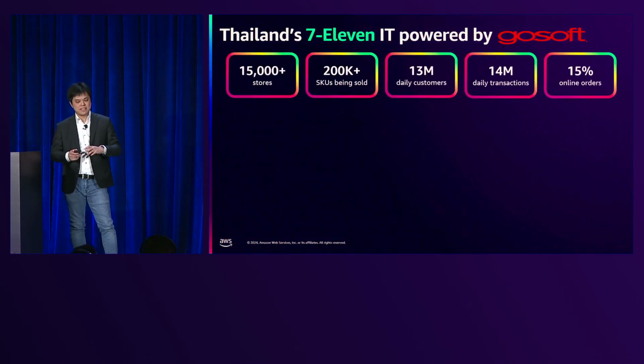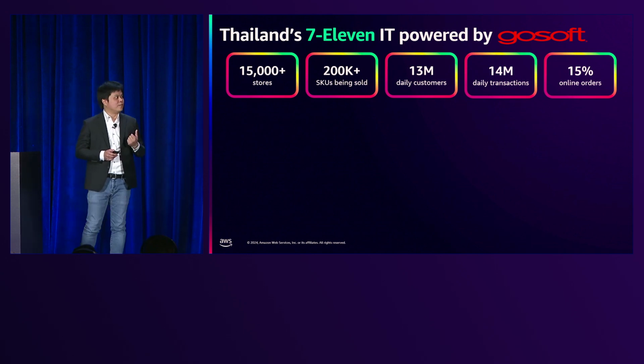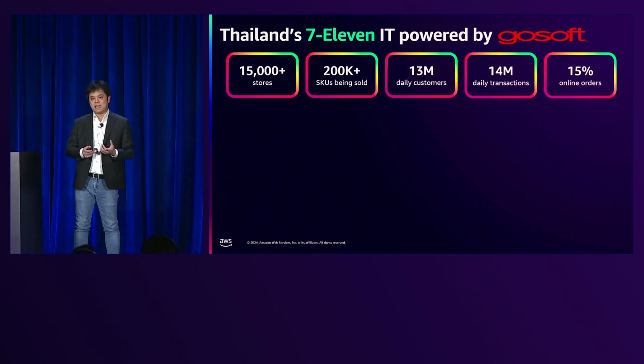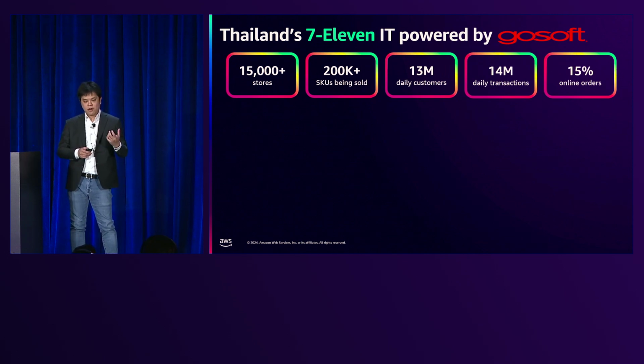So now let me share with you some stats. In Thailand, we operate 15,000 7-Eleven stores across the country. We currently operate 7-Eleven in neighbor countries like Cambodia and Laos. And there are more than 200,000 SKUs for our customers.